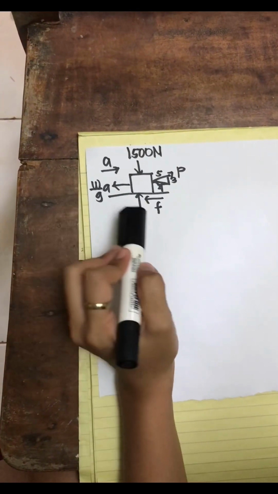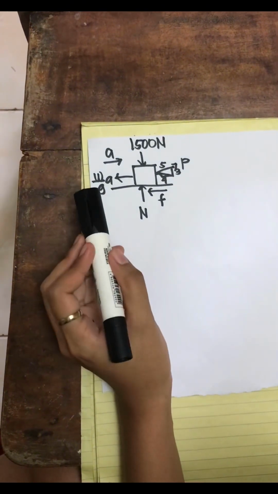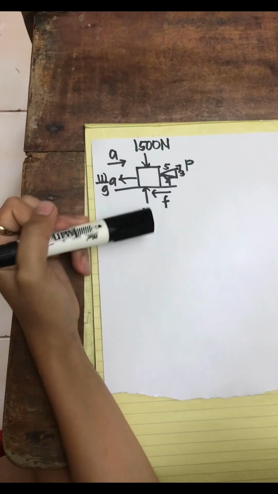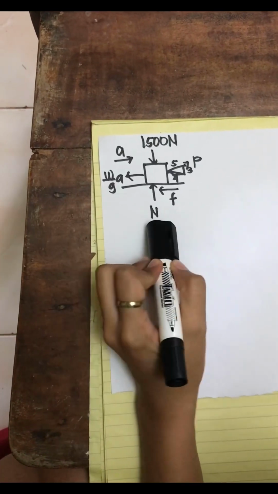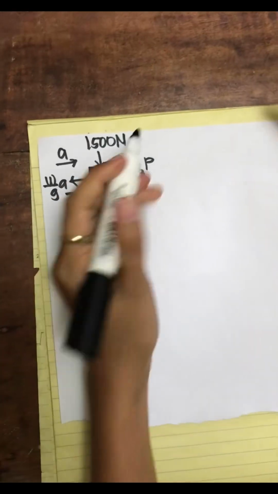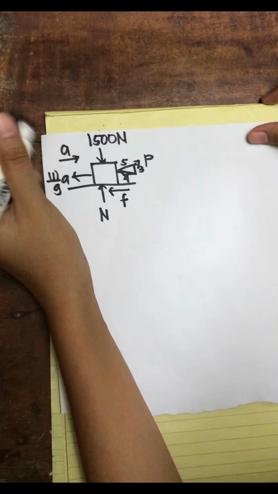So the frictional force is along the way of the REF. Then we have a vertical force, a normal force that is upward. Then to find the normal force, we add all the vertical forces.